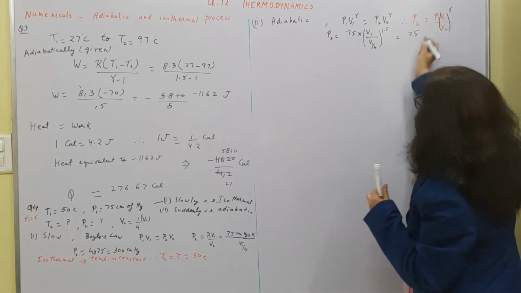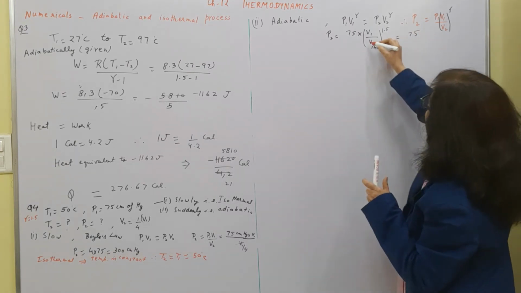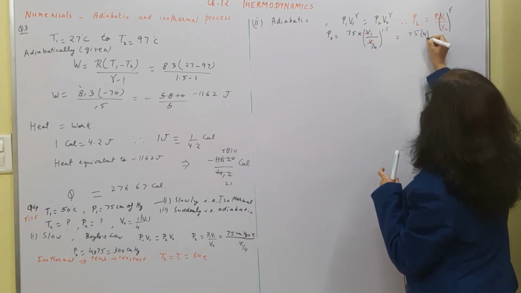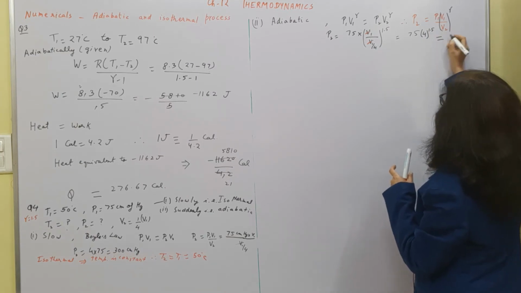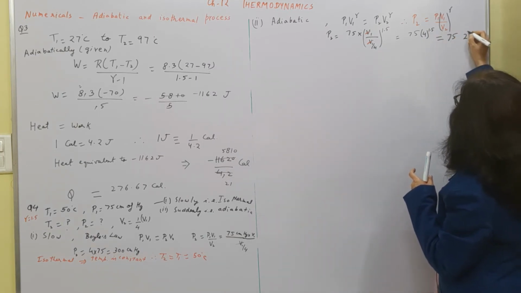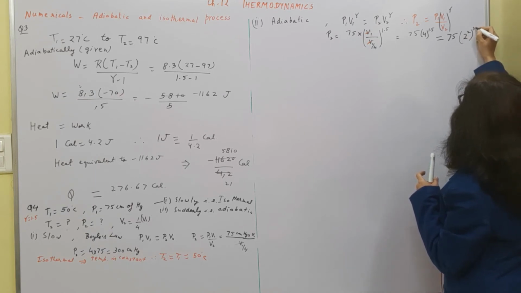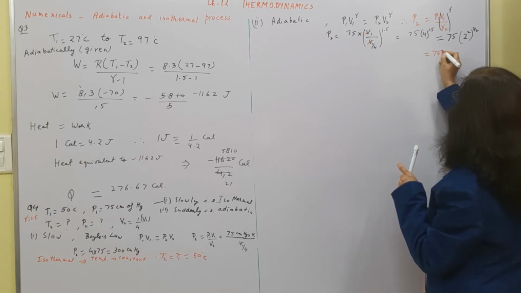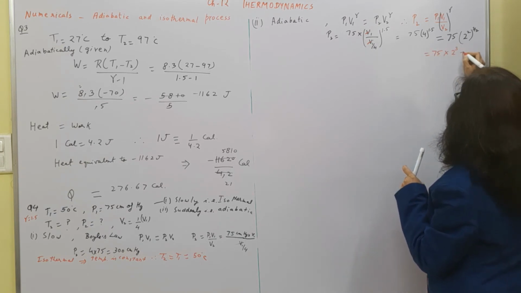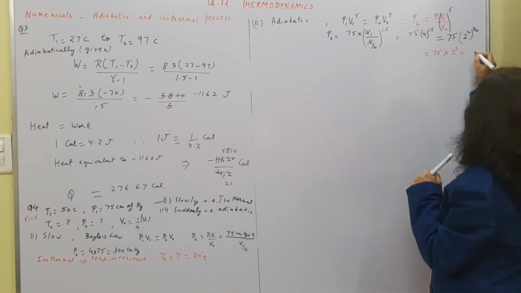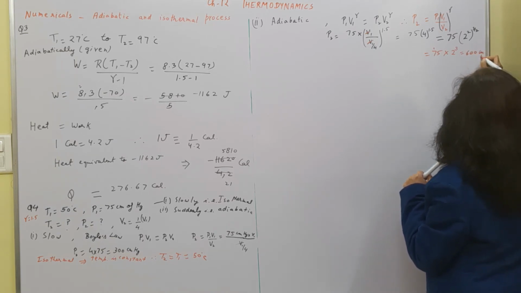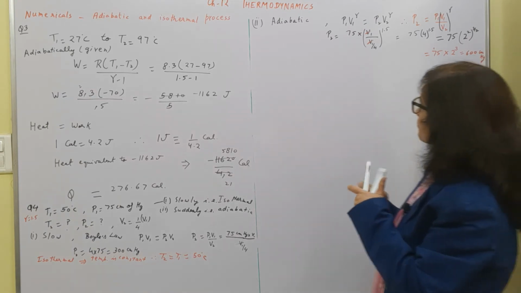That means 75, and V1 will be cancelled. So this will be 4 to the power 1.5, and this can be written as 75 into 2 to the power 2 to the power 3 by 2. So this can be written as 75 into 2 to the power 3, so this is 8. This is 600 centimeter mercury. This is the final pressure.